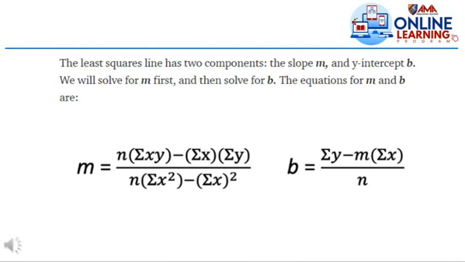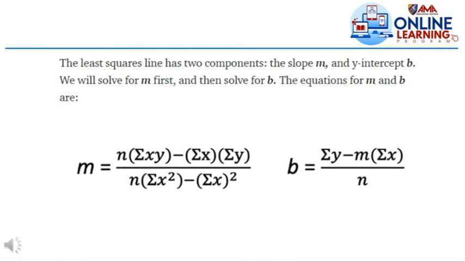And for the intercept b, we have summation of y minus m times summation of x, all over n. Since we're going to use the value of m to solve for the value of b, we cannot get the value of b without solving first for the value of m. So it is a must that we solve first for the slope m before getting the intercept b.